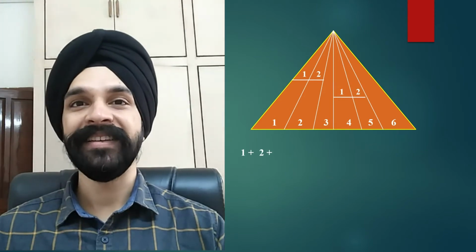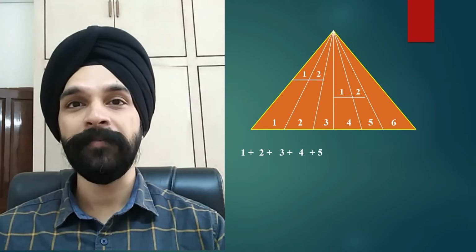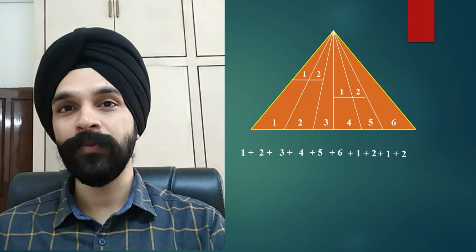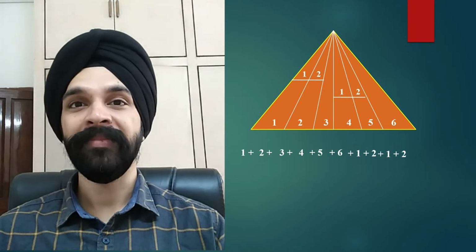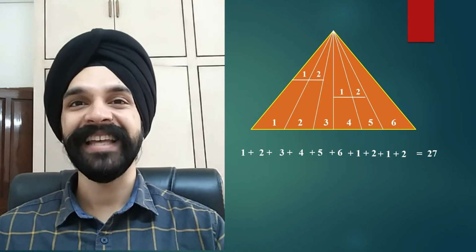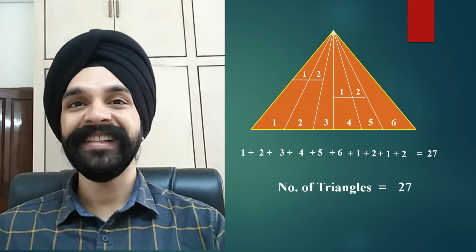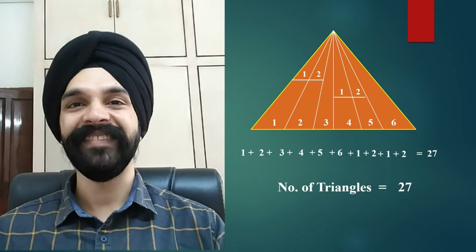This base, 1, 2. And the third base, 1, 2. Now add all these. 1 plus 2 plus 3 plus 4 plus 5 plus 6 plus 1 plus 2 plus 1 plus 2. That gives us 27. And that's our answer. The number of triangles in this figure is 27.